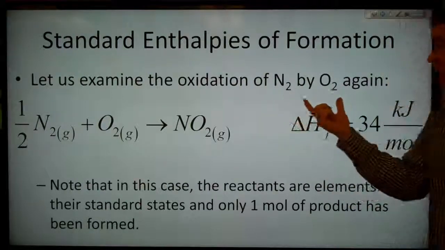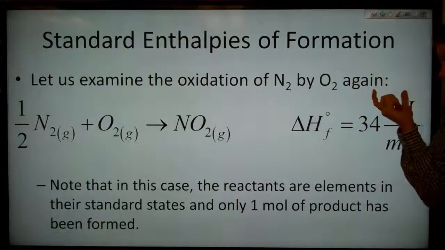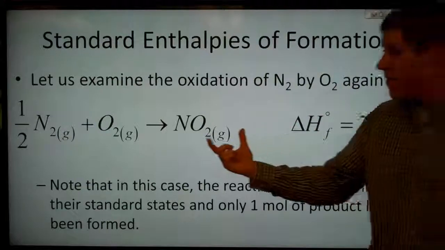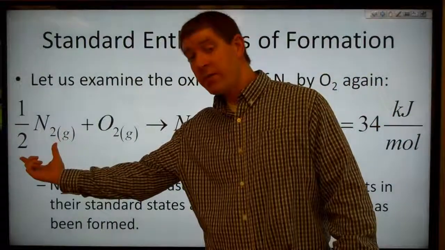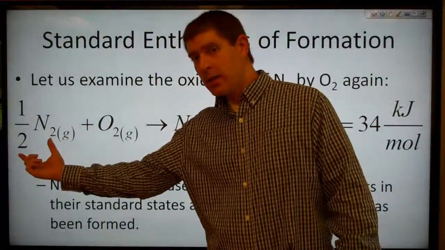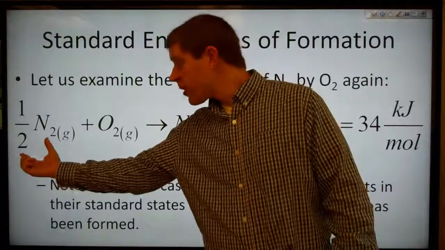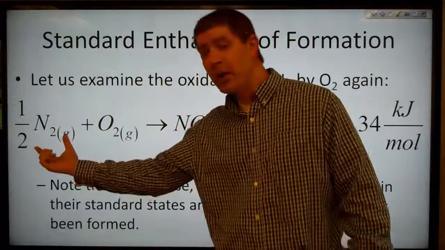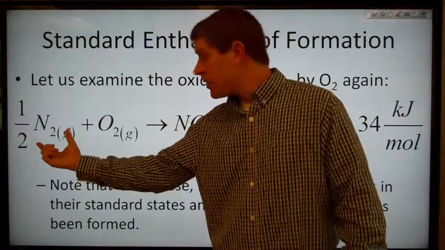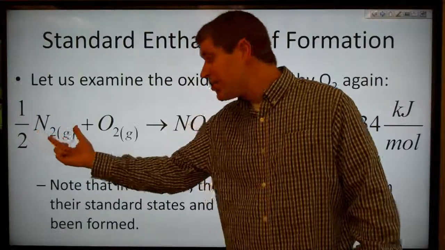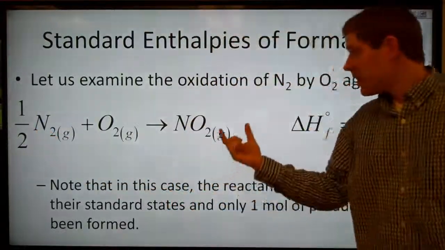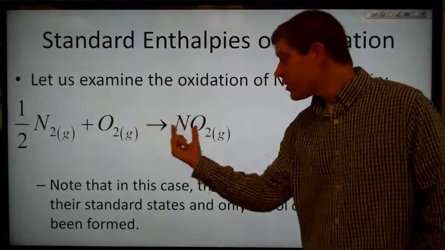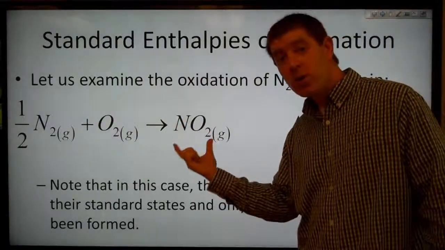So let's examine the oxidation of N2 by O2 again, like in the last video. Note that I've changed the coefficient on nitrogen. We have half of an N2 molecule, which means we're only using 1 nitrogen atom, plus O2 gives us NO2. I'm doing this to give us 1 molecule of NO2.